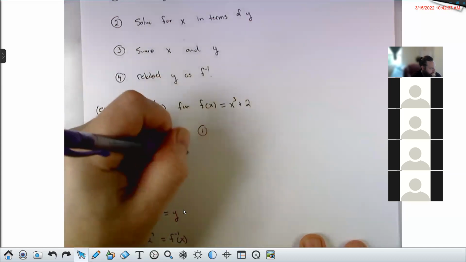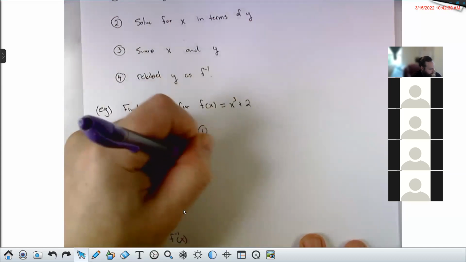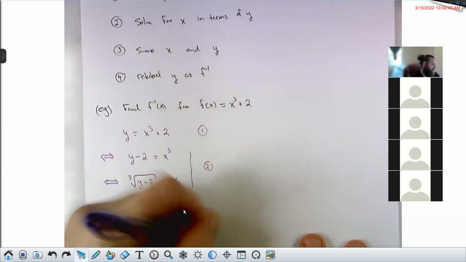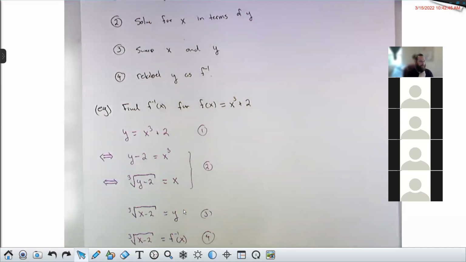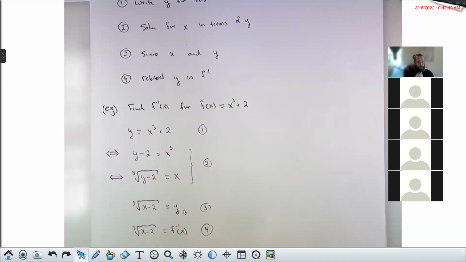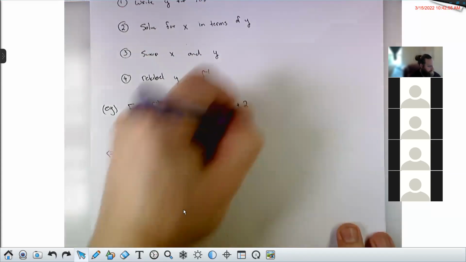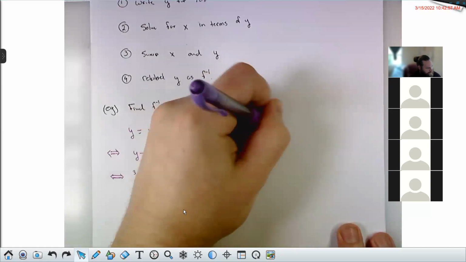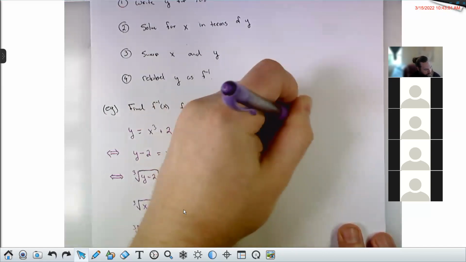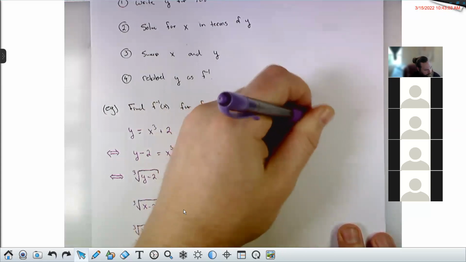This is 1, this is 2, this is 3, this is 4. So in other words, f inverse of x is the cube root of x minus 2.